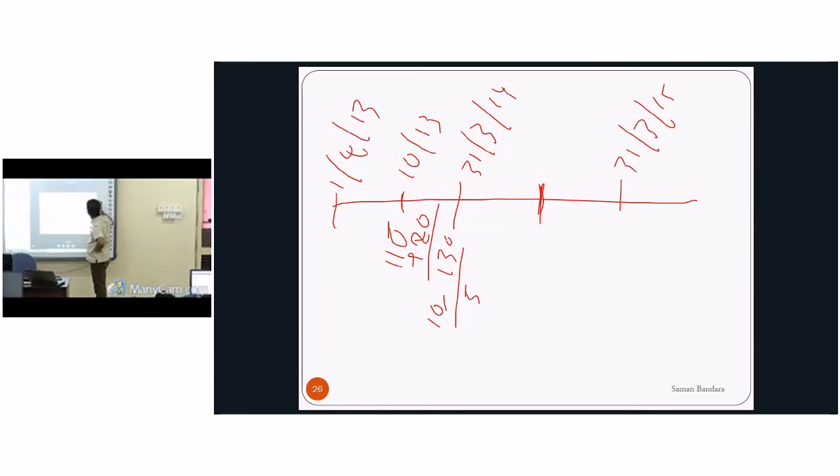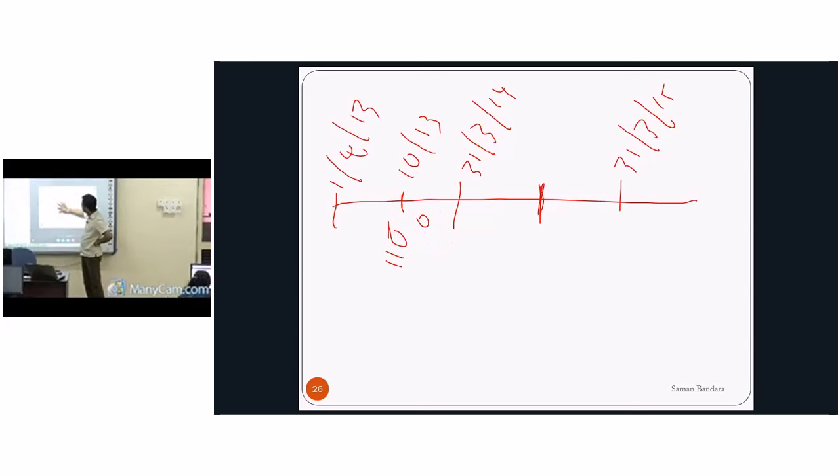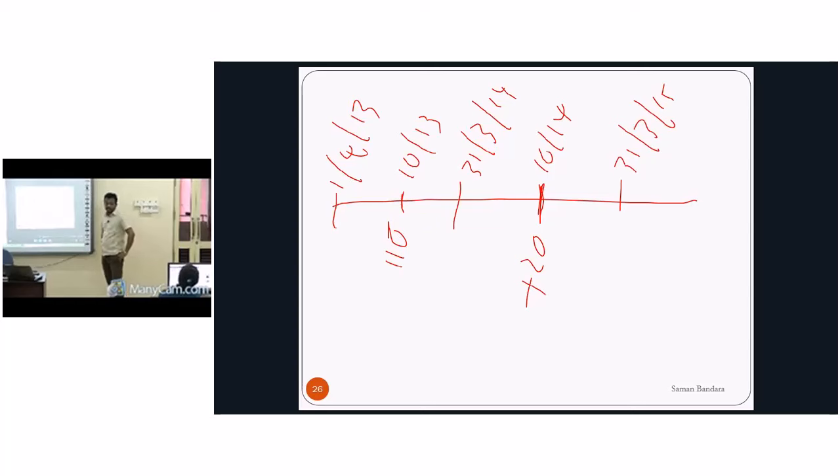October 14, we added 20. This is the story, right? What is depreciation for the first year, from this point to this point?